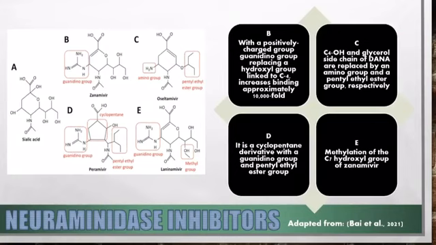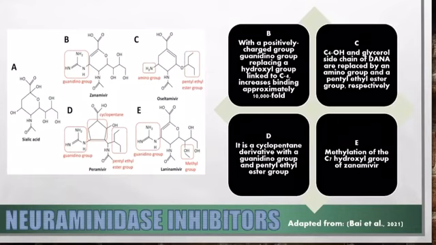For zanamivir, it has a positively charged guanidino group replacing the hydroxyl group that is linked to C4. So it increased the binding to the neuraminidase approximately 10,000-fold as compared to sialic acid. For oseltamivir, the C4 hydroxyl and glycerol side chain of DANA are replaced by an amino group and a pentyl ether group respectively.